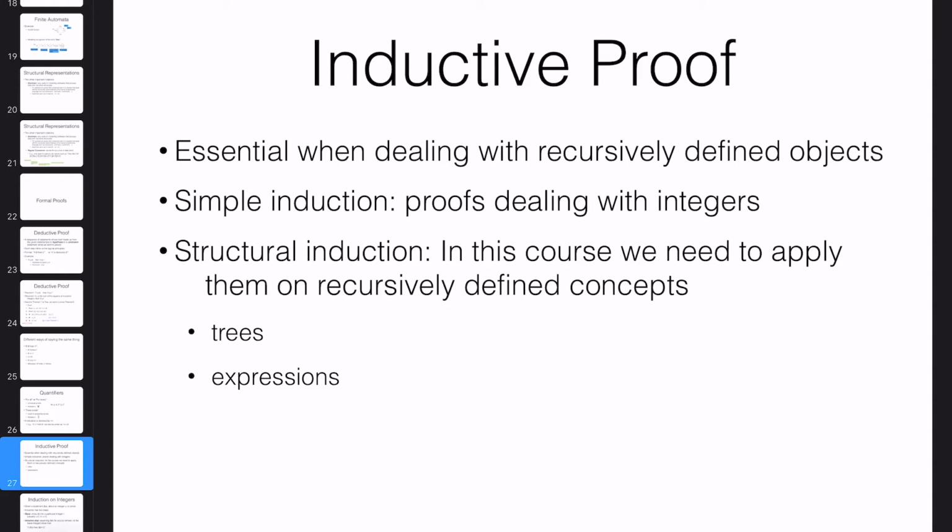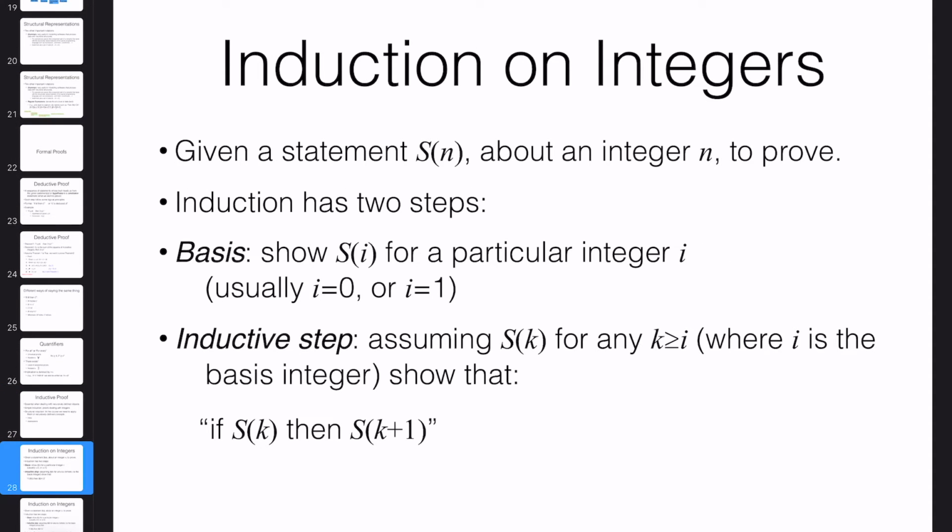We have two different forms of proof: simple induction and structural induction. Simple induction is usually used to prove something about the integer numbers. It is very simple, and I'm going to show you some examples. But structural induction is more complicated. Whenever you are working on recursive concepts or structures, like graphs, trees, expressions, and so on, for which you define a recursive definition, we go with structural induction.